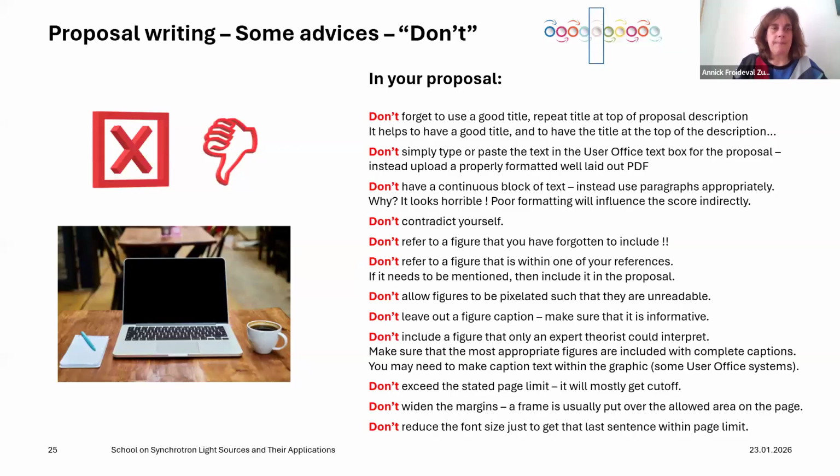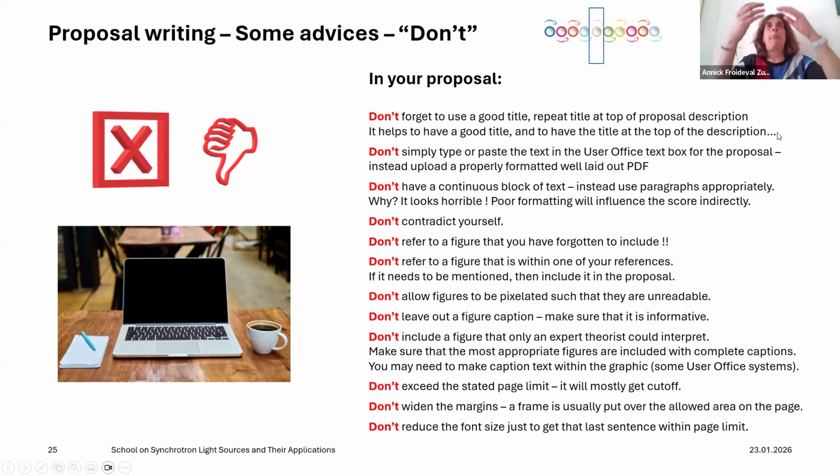So, proposal writing. These are some advices I would like to share with you, starting first with some advices on what you should better not do. So in your proposal, don't forget to use a good title and to repeat the title at the top of the proposal description. It helps to have a good title and to have the title at the top of the description.